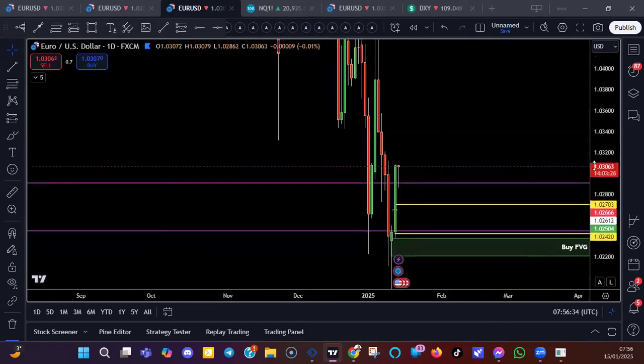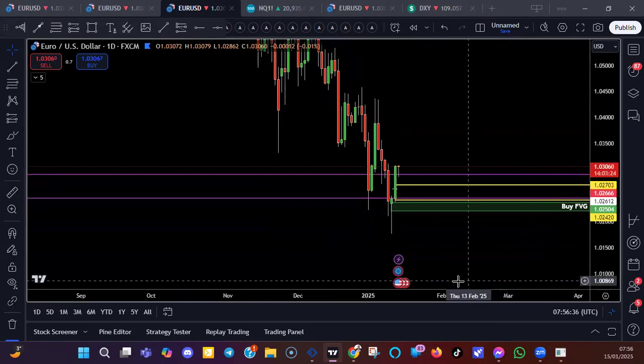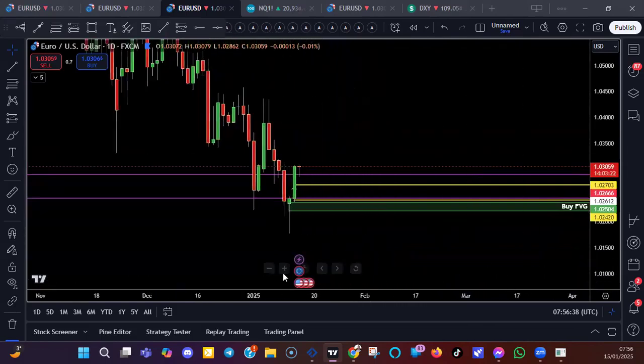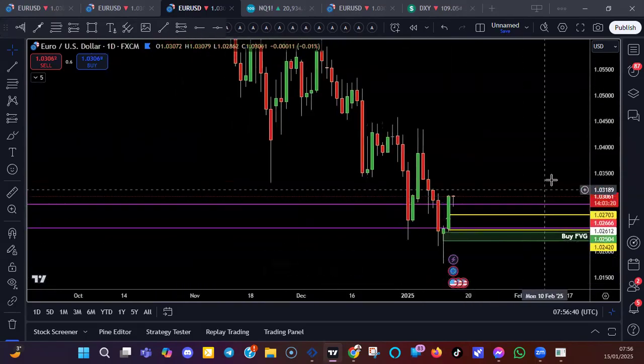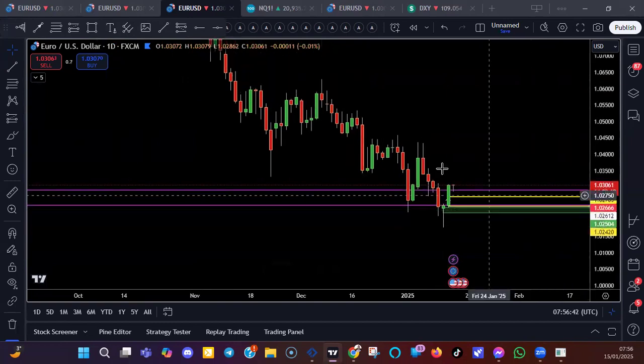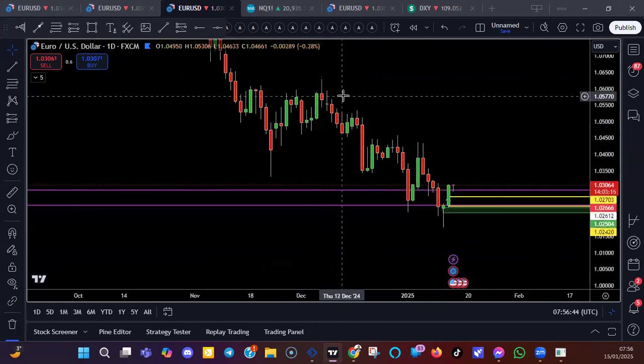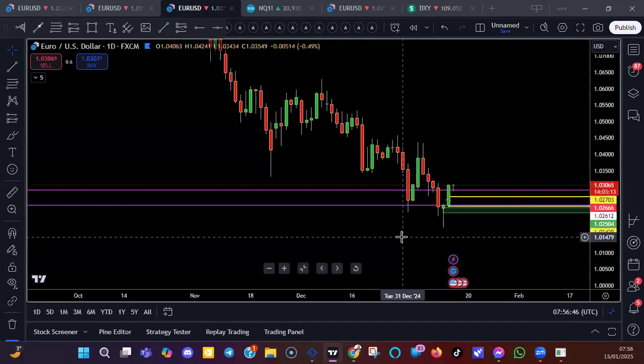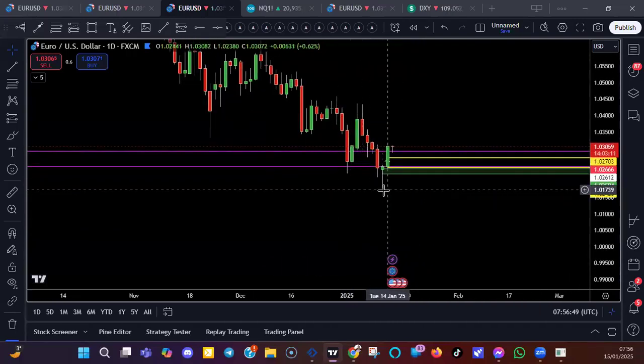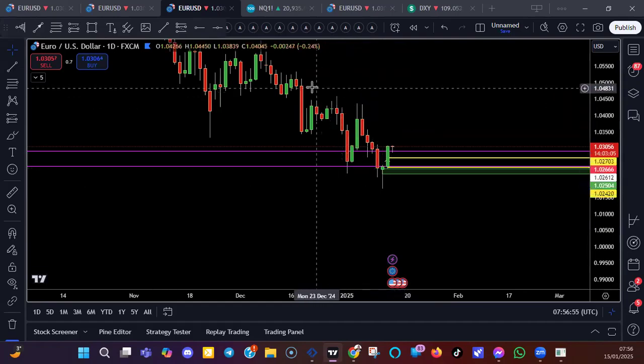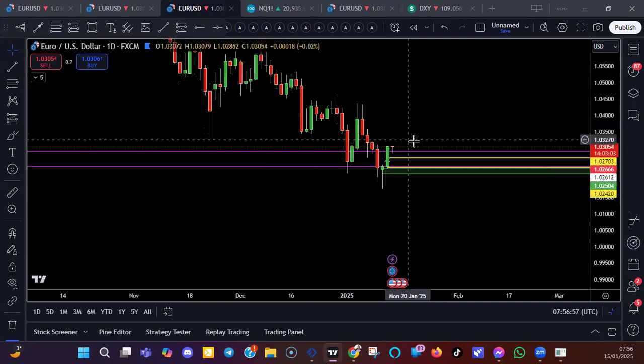So this is the daily time frame. And we can see we've had a general decline of the EUR. The US dollar is getting stronger and stronger. Till here, it was the strongest it's been for a long while. But we're still heading on that trajectory going down.